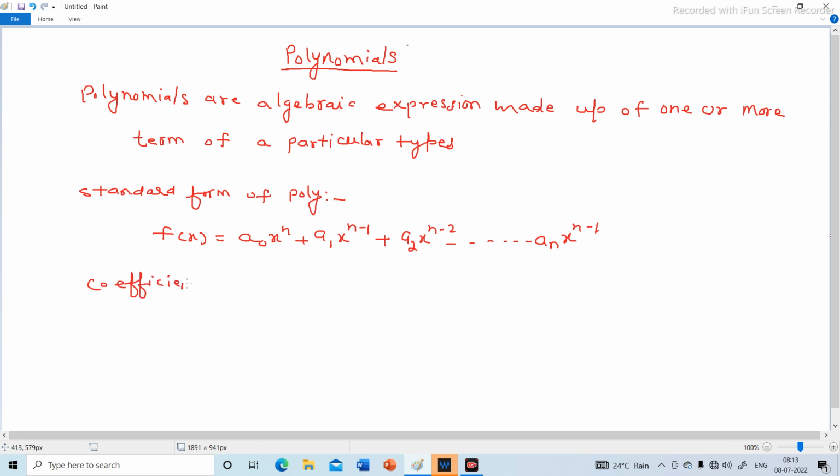Coefficient of polynomial. What are the coefficients? The coefficient of a polynomial is a constant value. Here a0, a1, a2 up to an are real numbers, and these are the constants. And a0 cannot be 0.